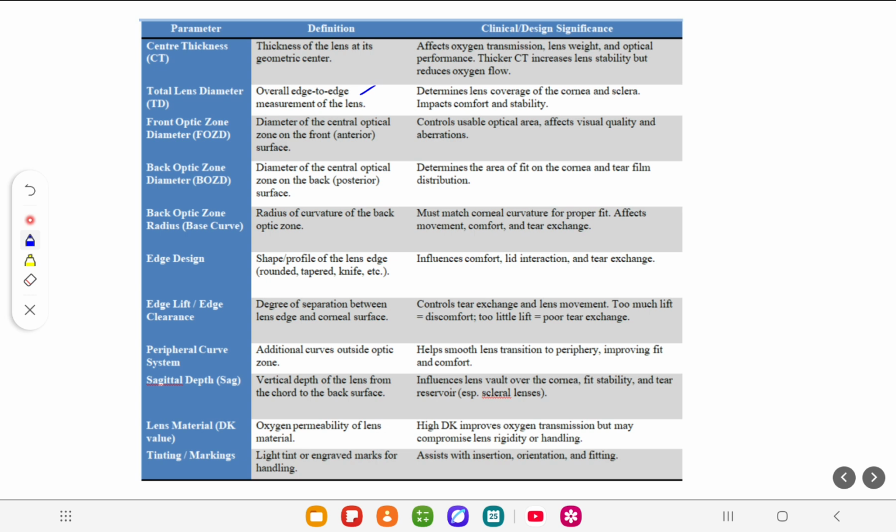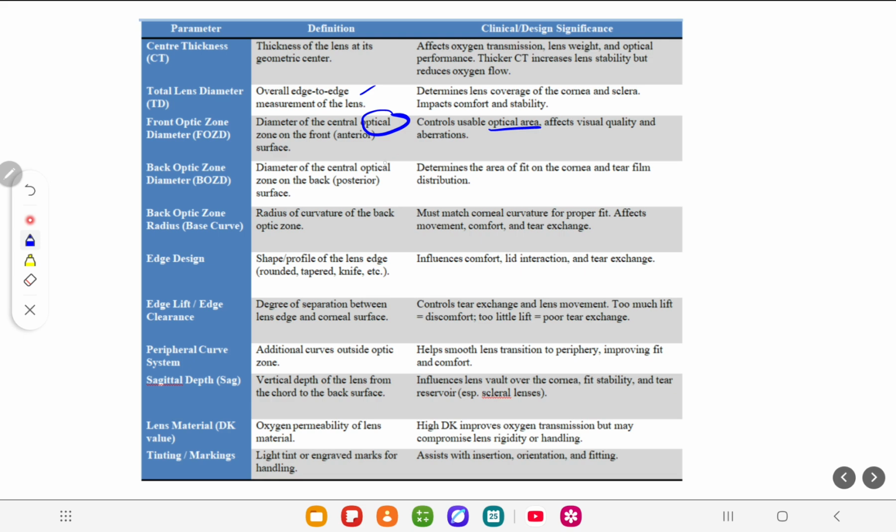Front optic zone diameter determines the central optical zone of the front, so it's important to understand the optical zone. Yes, it controls the usable optical area, that's very important. Front optical zone diameter means the optical area of the front surface, and affects visual acuity and aberration.